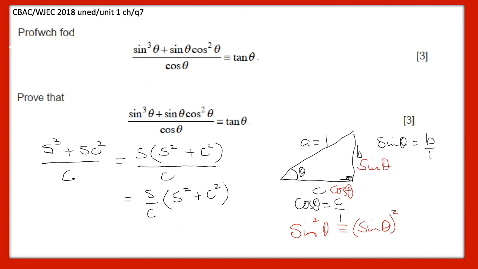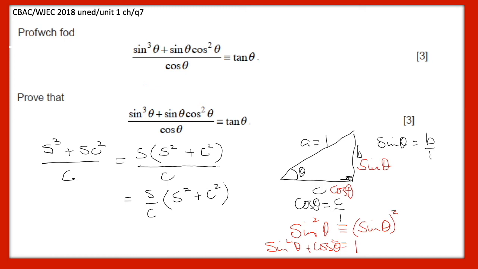You notice I've used exactly the same, is congruent to notation, it appears in the questions as well. So what I've got here is my sine squared theta plus cos squared theta has got to be equal to 1 squared. Oops, helps to put your theta in. Equals 1. So sine squared plus cos squared equals 1.